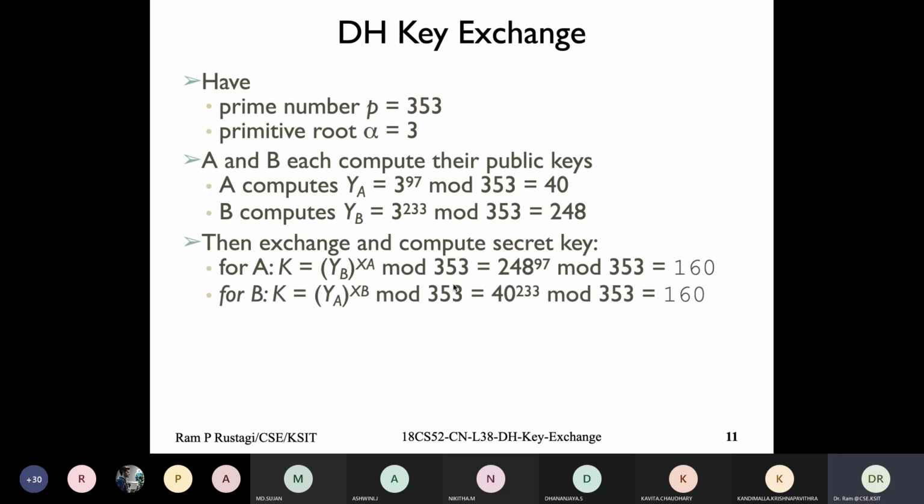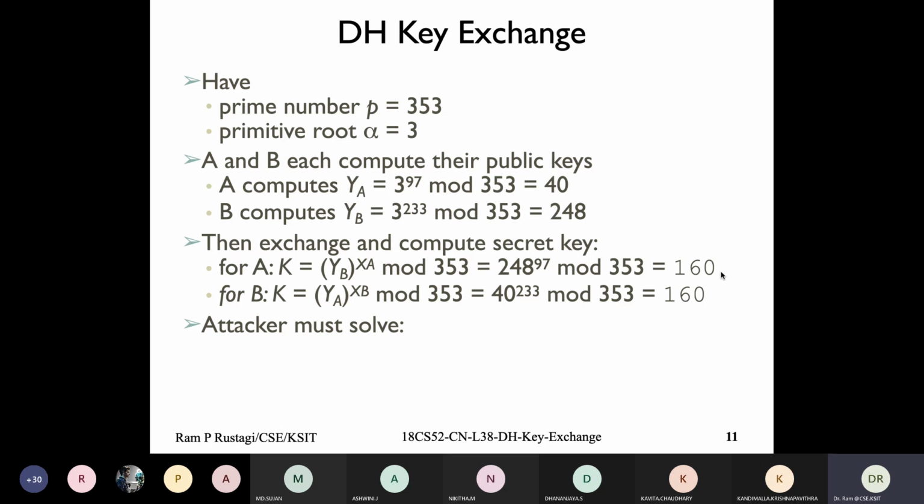Similarly, B computes 40 raised to power 233, because A sends the value 40, 40 raised to its own number 233, mod 353. This value also comes to be 160. So 160 becomes the shared secret key.